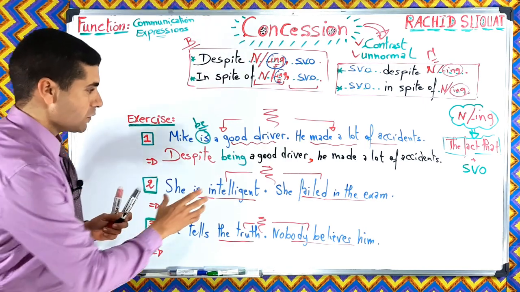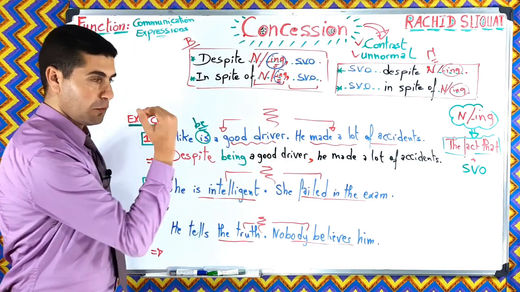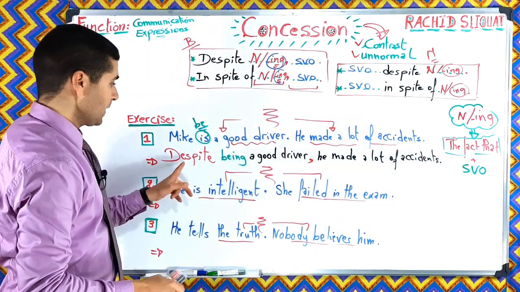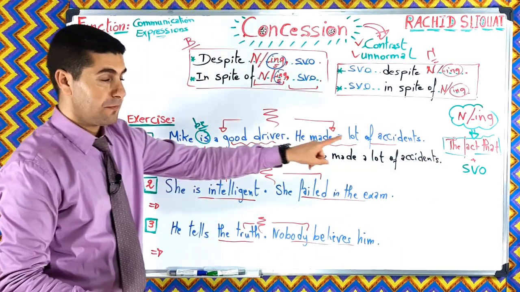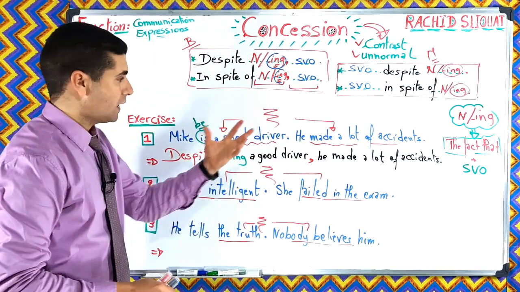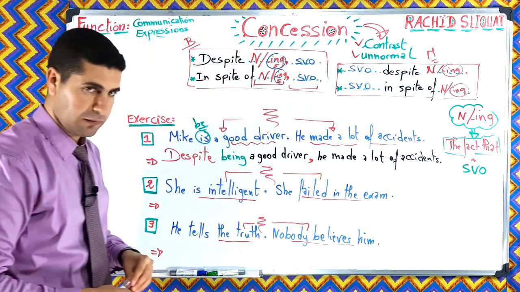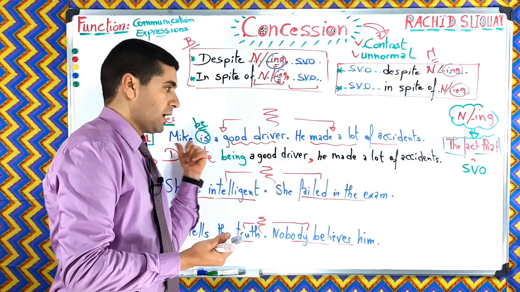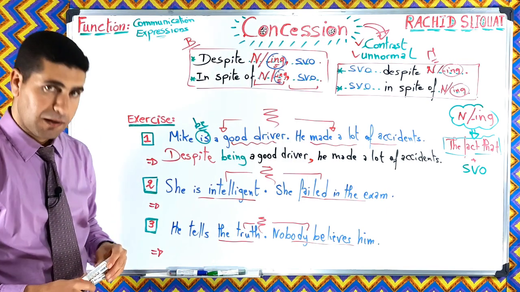So as I said, if you don't know how to make the ing form or the noun, you can use the fact that plus the SVO. Despite the fact that Mike is a good driver, he made a lot of accidents. Or we can say, despite being a good driver, he or Mike made a lot of accidents.